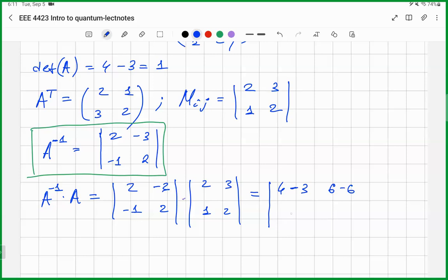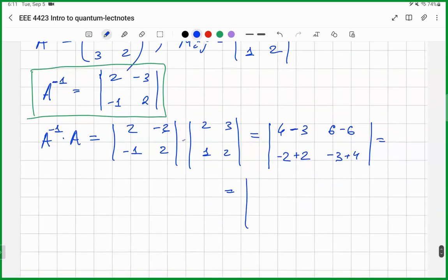Then for the third one, minus 1 times 2 is minus 2, and then plus 2, and finally minus 3 plus 4. So 4 minus 3 is 1, 6 minus 6 is 0, minus 2 plus 2 is 0, minus 3 plus 4 is 1. So this is the identity matrix.